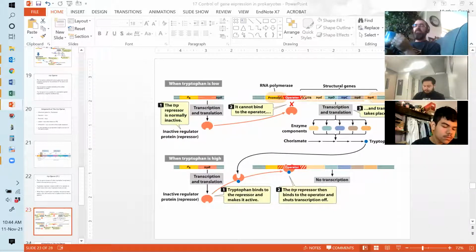And that's where we'll leave it, because there's no way I'm going to start talking about attenuation with a minute left. That's just not going to happen. Okay, so we'll go back over this. We'll have time next class to go over the lac operon, make sure that all makes sense.